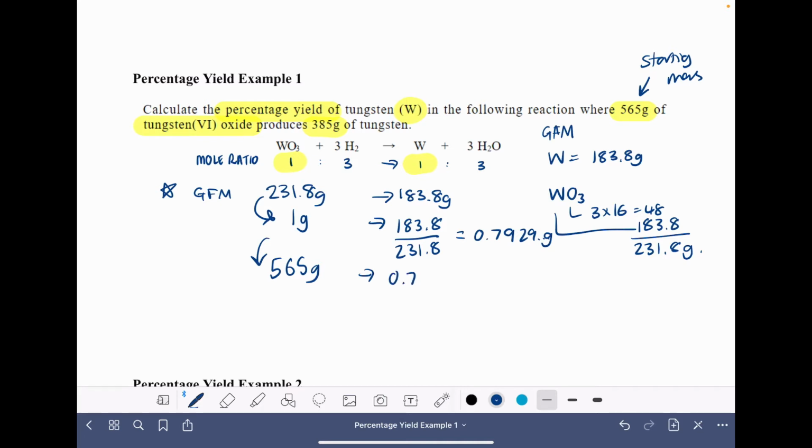So 0.7929 multiplied by 565, and the answer we get is about 448 grams. Now this number that we've just calculated is our theoretical yield.